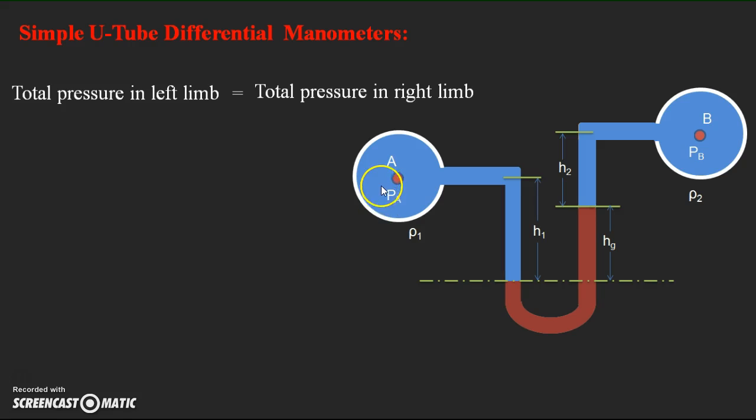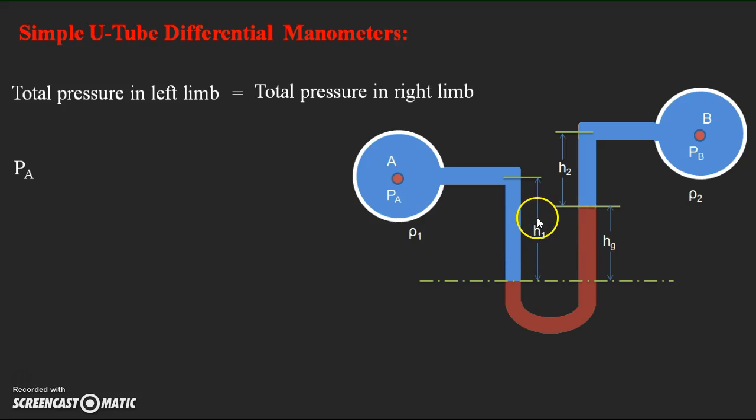So already we know a certain amount of pressure is acting in the pipe, that is PA. Okay, write it as PA. And in the left limb, according to the height of the liquid, we can write the pressure which is acting inside the left limb only.